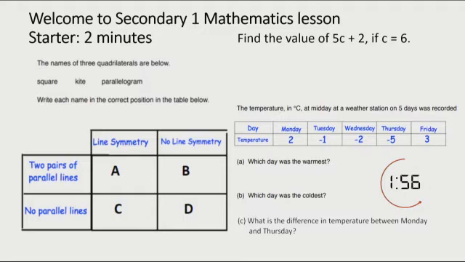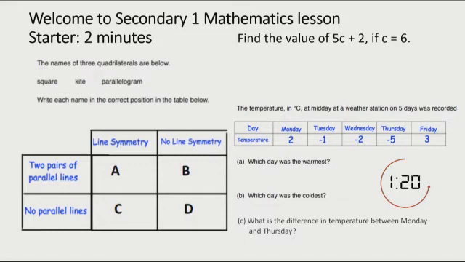Think about the properties of shapes. You've got 3 shapes. Think about what type of shapes they are. What are their properties? And then use A, B, C, D to decide where they should fall in the region. The second question is looking at algebra, where C is 6.